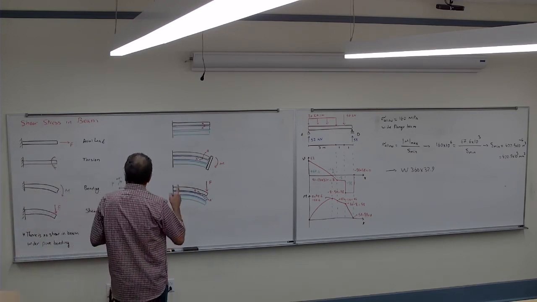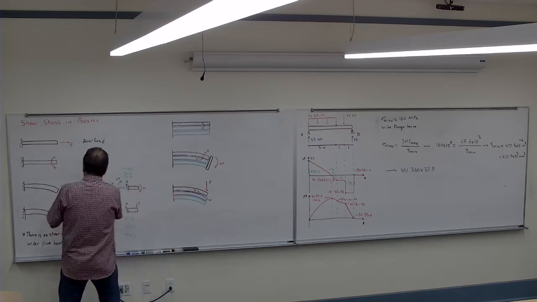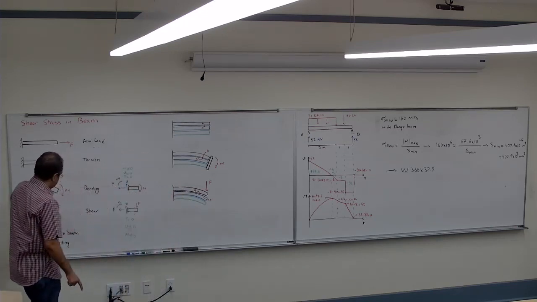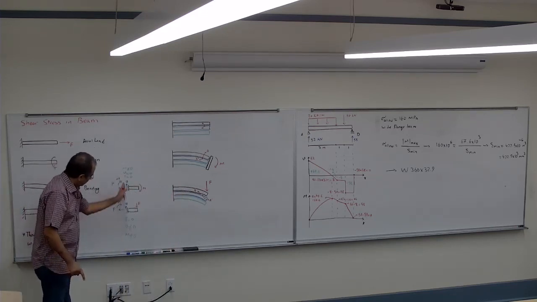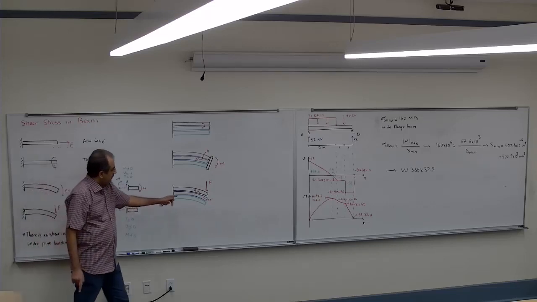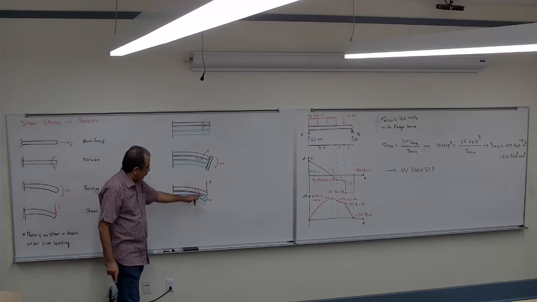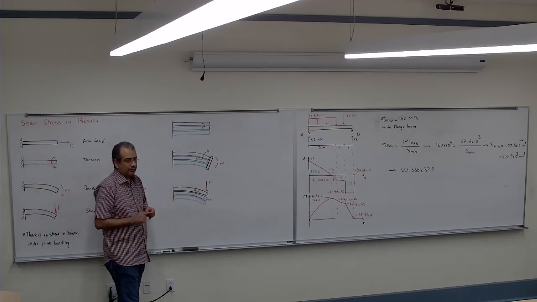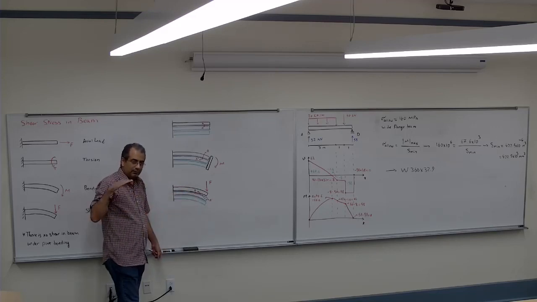So my point is that if I have a shear force vertically, correct? But look at these two points. These two points are moving away from each other. What does it show? There is also a horizontal shear force.